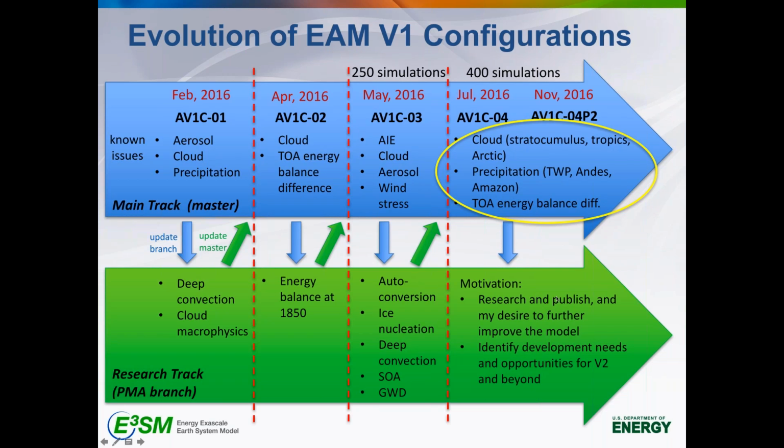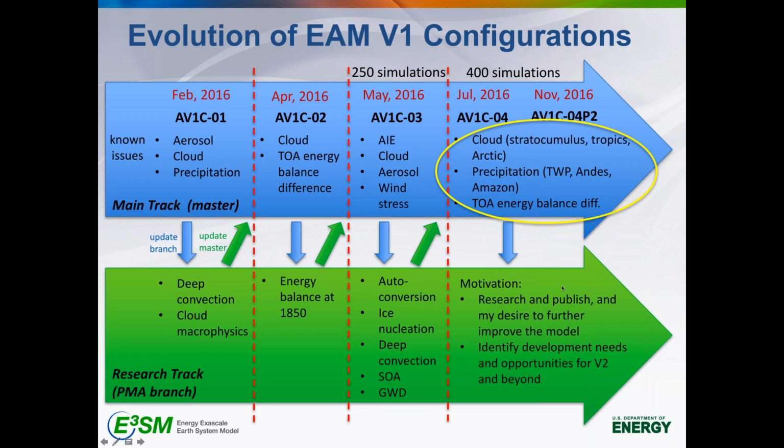the purpose is to publish papers to document the V1 model and the V1 model tuning. And also, when I did this research, I found new things, and I have this personal desire to further improve the model. So I just did some more modifications, even though nobody tasked me to do these things.